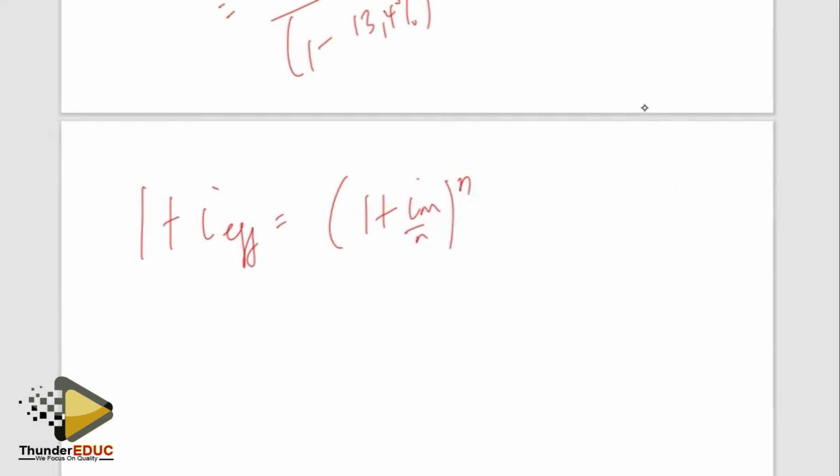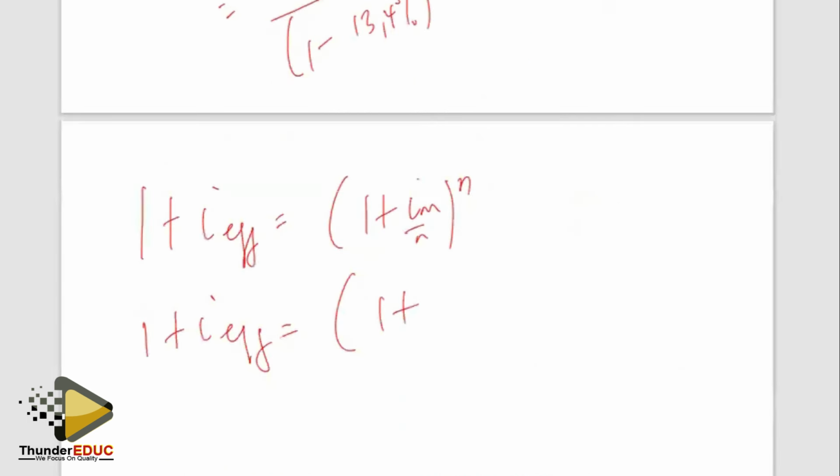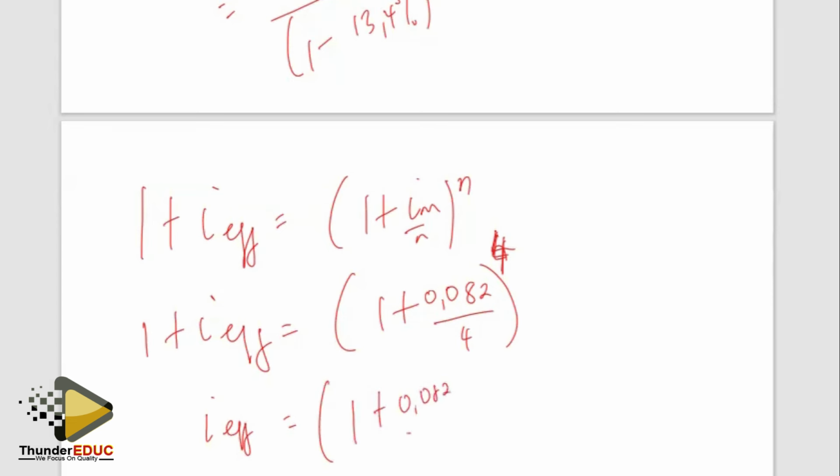Then 1 plus the i effective is equivalent to 1 plus 0.082 over 4 to the exponent of 4. Then I need to move the 1 that side for me to get my i effective. So it's going to be 1 plus 0.082 over 4 to the exponent 4 minus 1.